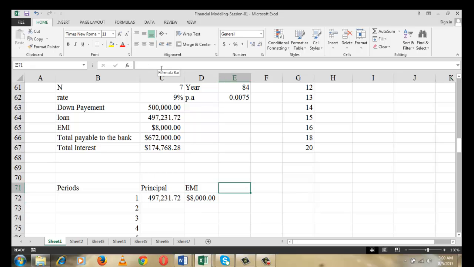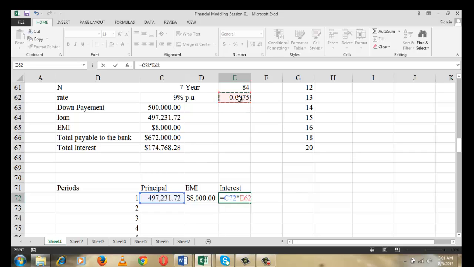Now interest. This is your loan, and on this the interest is calculated at the rate of interest. This is your rate of interest, fix this. Fine.